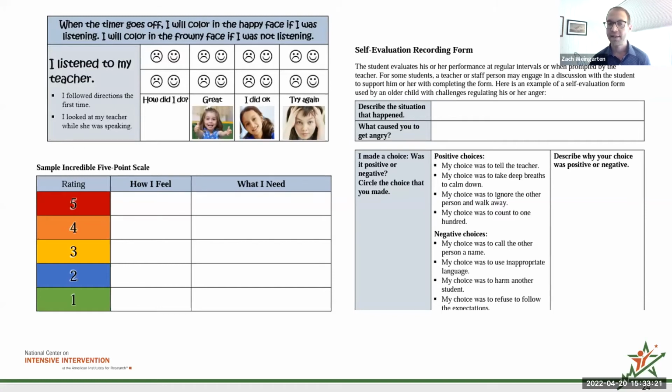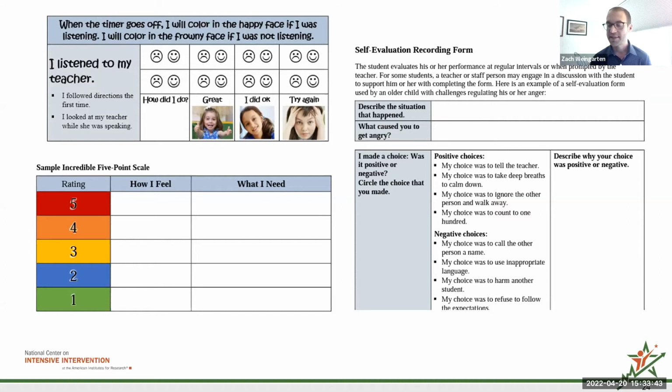Another one would be the incredible 5-point scale, which is also available in the resource in the chat. This is where students are self-rating how they're doing emotionally and thinking about what they need to be successful at that time.